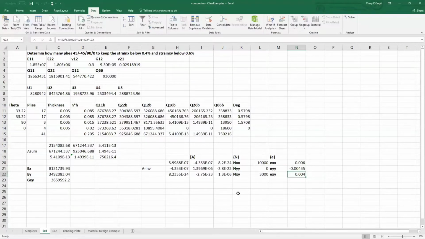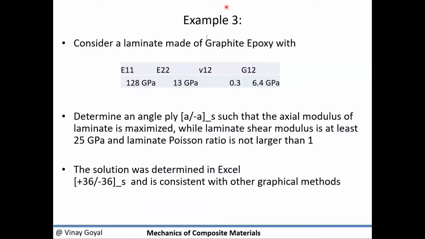But we will now look into how to solve a problem a little bit different in character. This example came from a paper, and in that paper, the idea was, given the laminate properties of graphite epoxy, determine the angle ply laminate such that the axial modulus is maximized while the laminate shear modulus is at least 25 GPa.